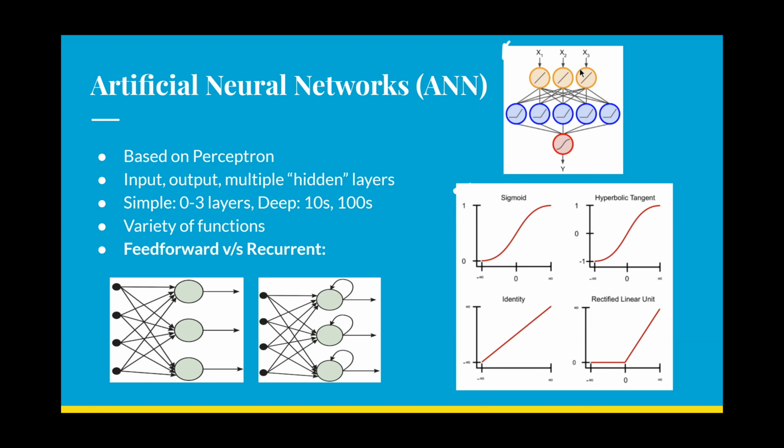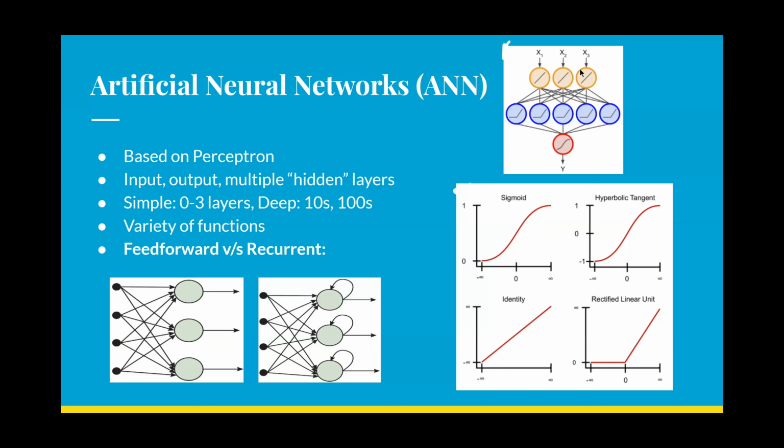The second layer is basically a hidden layer that would perform more functions on the input from the previous layer. And then the last layer is basically the output layer. And this is just an example of a simple artificial neural network, whereas deep neural networks can have tens or hundreds of layers. So they can be very complicated and have many hidden layers between the input and output layers.